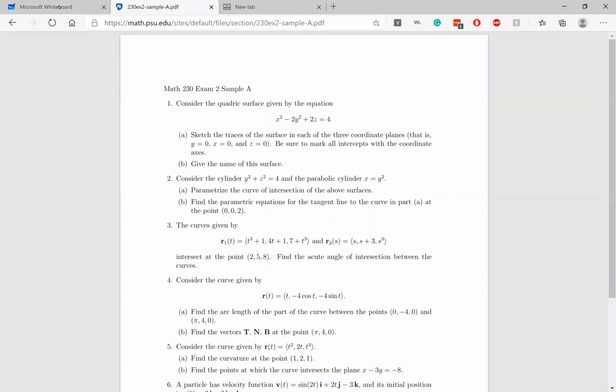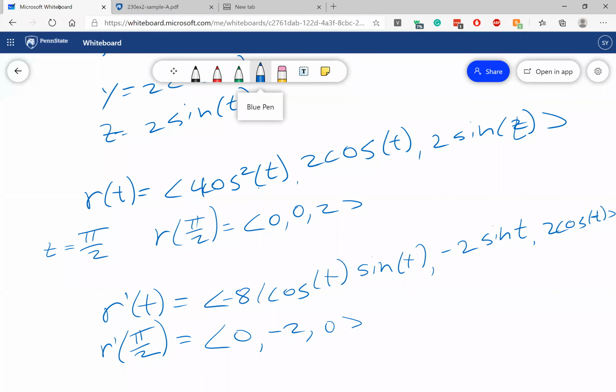What else did they want? Find the parametric equations of the tangent line. So they want the entire line. This r prime over here would give us our v.